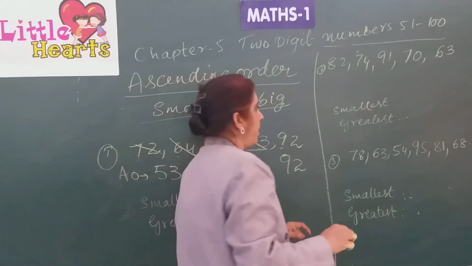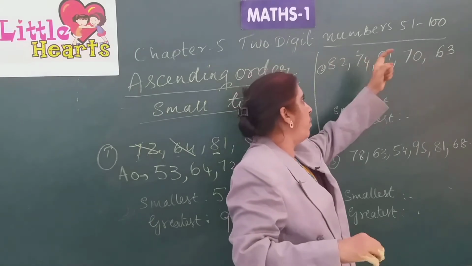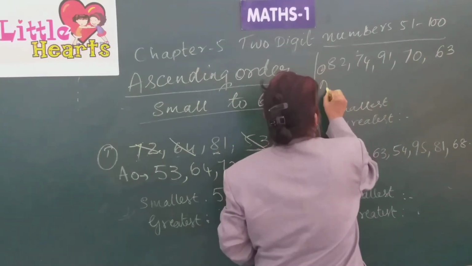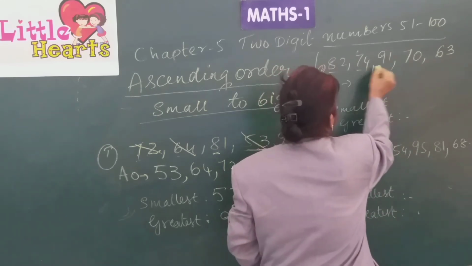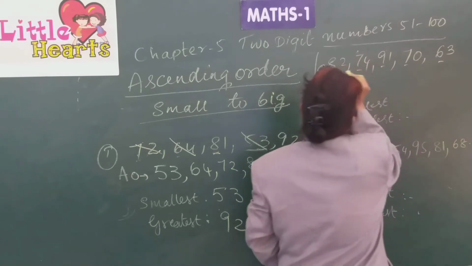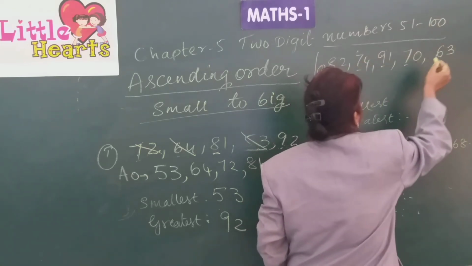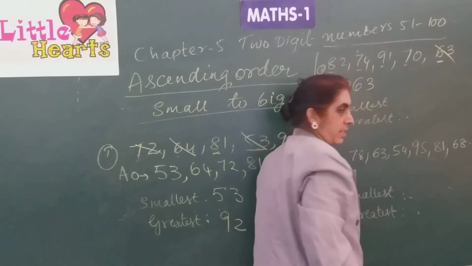And coming to the next set, take the set of numbers 82, 74, 91, 70, 63. So check the tens place digits: 8, 7, 9, 7, 6. Among all these, 6 is the smallest digit in the tens place. 63 comes first.